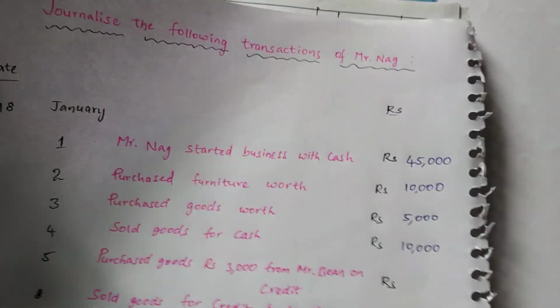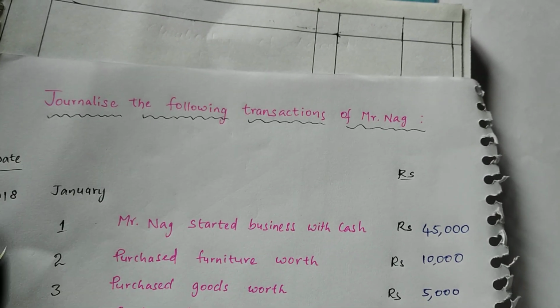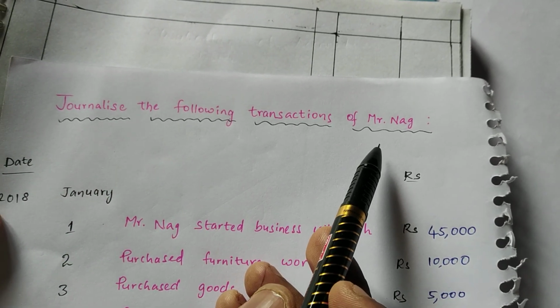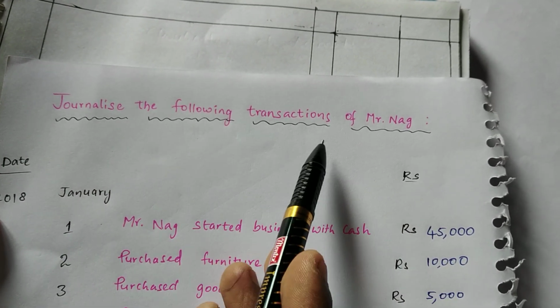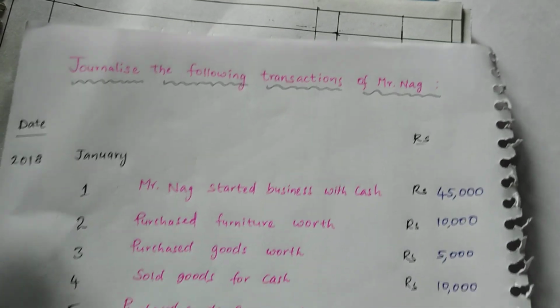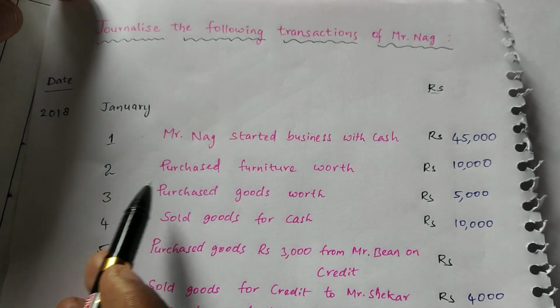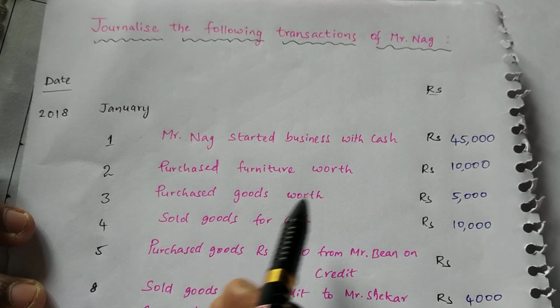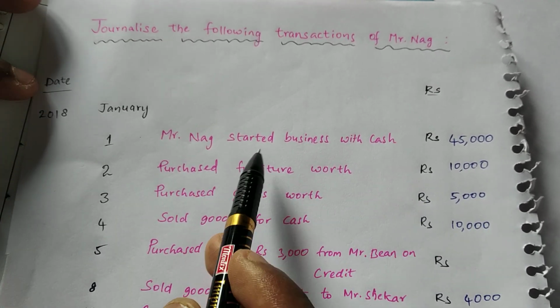Now I am going to explain you a problem. In order to clearly explain how to pass the journal entries, I am going to solve a problem over here. Now we can see a question saying: journalize the following transactions of Mr. Nag. We have dates, the transactions and the amounts.